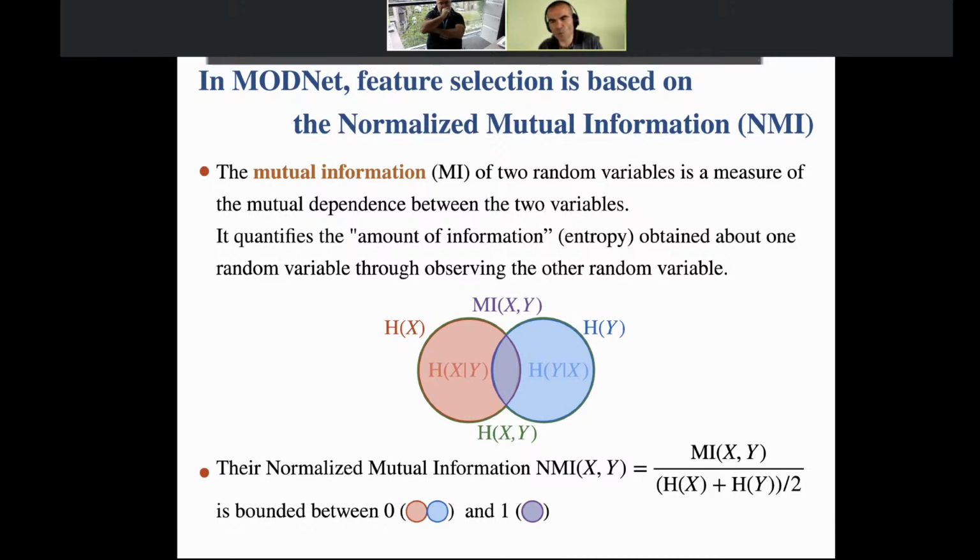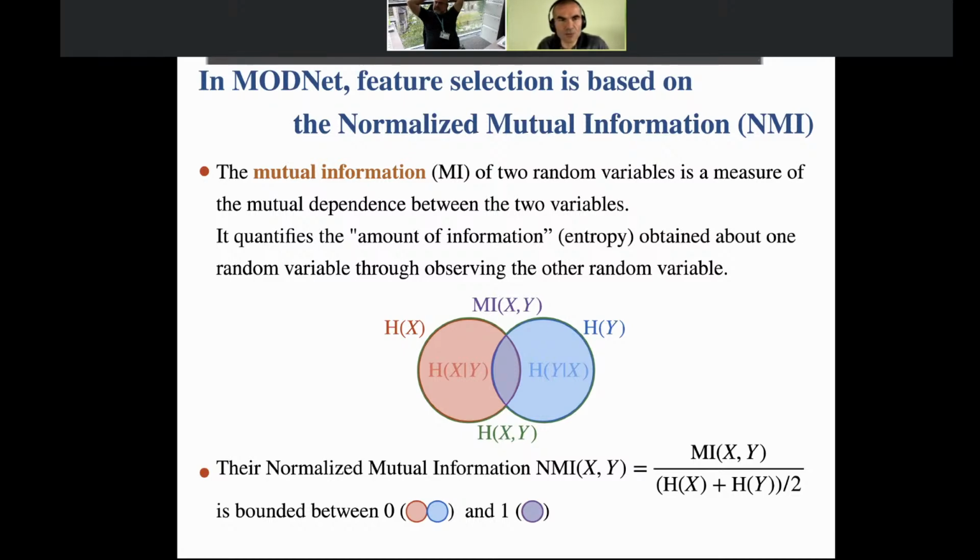And what we use here is the so-called normalized mutual information, which is this mutual information divided by the entropy of x and the entropy of y, in such a way that when you have two systems that have basically no interrelation between one another, this normalized mutual information is 0, whereas it is 1 when it's a perfect matching between the two.